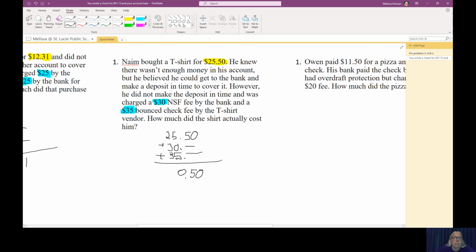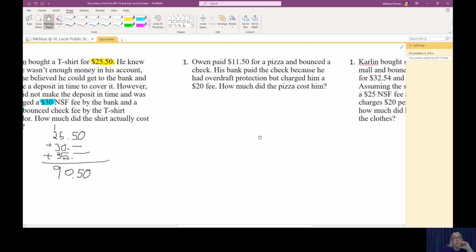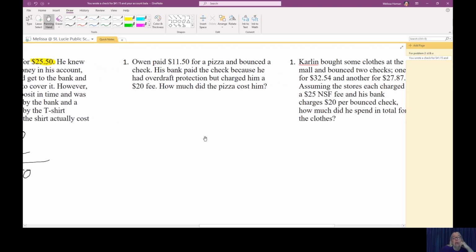This part becomes 10. This part becomes 90. So almost $100 for a $25 purchase. Isn't that crazy? Okay, you may pause the video now to write this. And remember, you may pause the video at any time if you think you know how to do this setup, and then come back and check yourself.